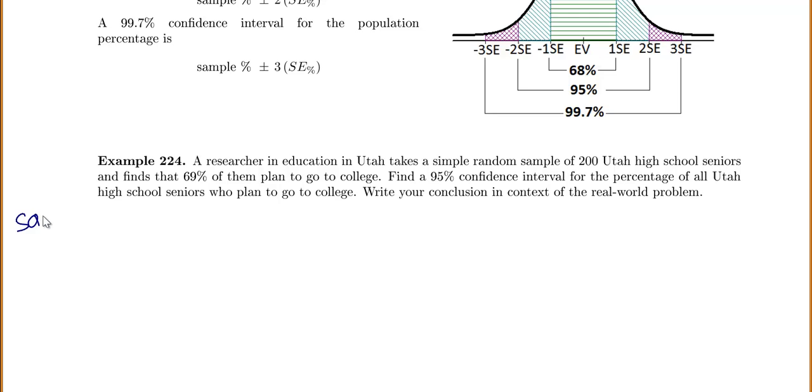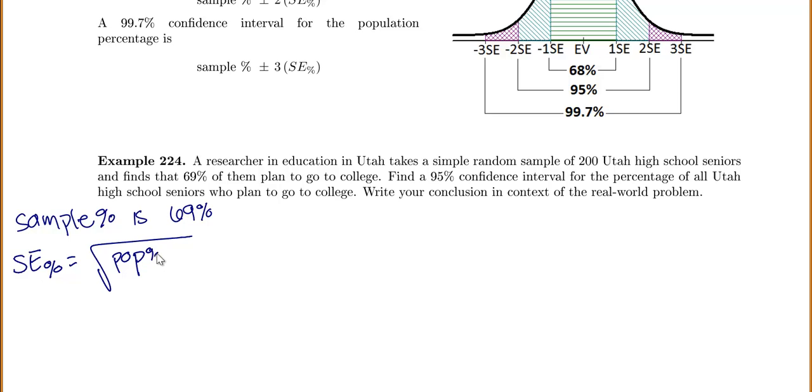Our sample percentage: out of our sample of 200, 69% plan to go to college. So my sample percentage is 69%. You also need to know your standard error for your percentage. The formula is the population percentage times 100 minus the population percentage, divided by the sample size.